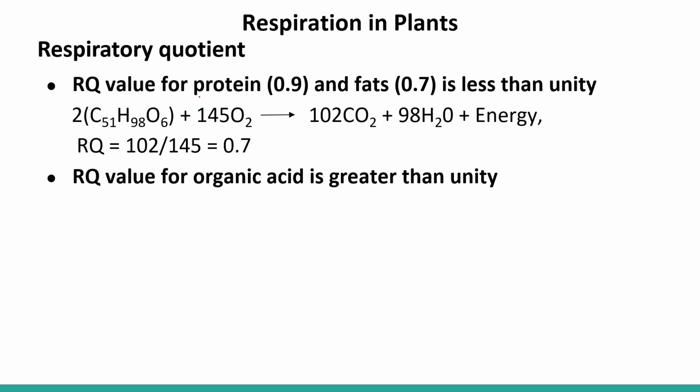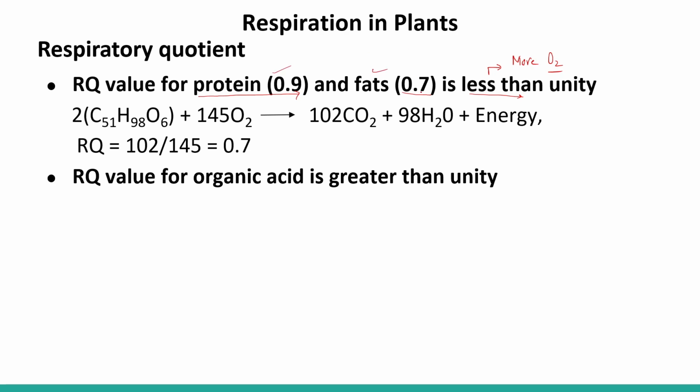Now the RQ value for proteins is around 0.9 and the RQ value for fats is around 0.7. So the RQ value for proteins and fats is always less than unity. Why? Because both proteins and fats require a larger amount of oxygen to burn, and fats require even more oxygen than proteins.